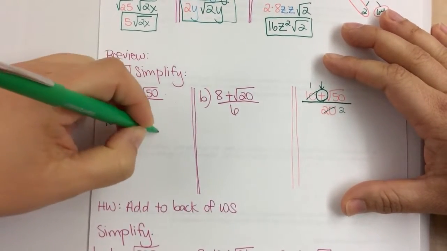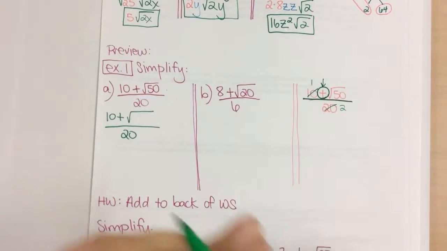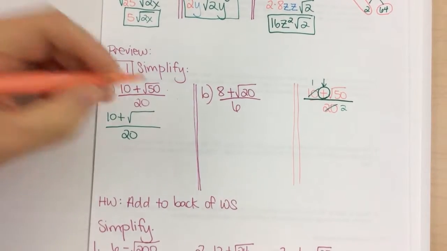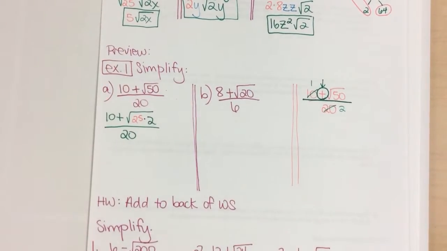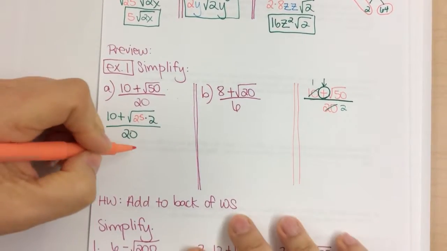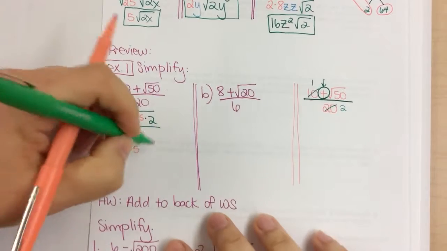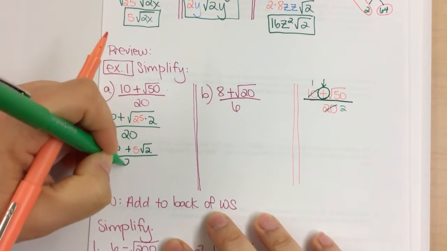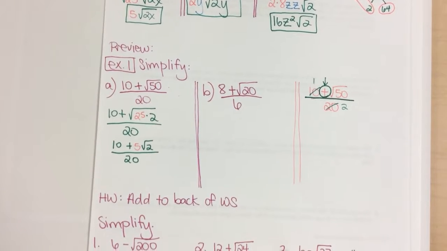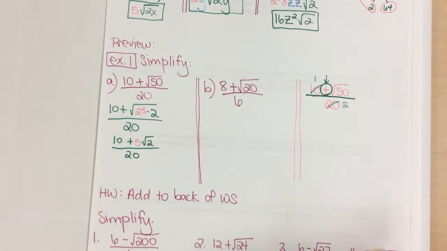So what perfect square goes into 50? I know you all know it because we already did it. 25 times 2. So the 25 is going to come out as a 5, and I don't know what the square root of 2 is.